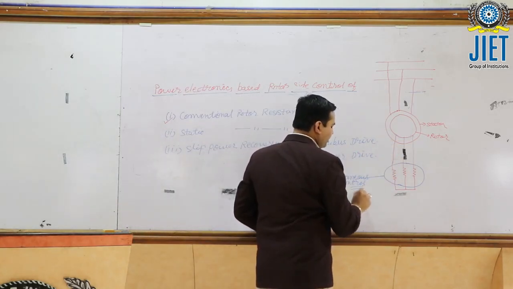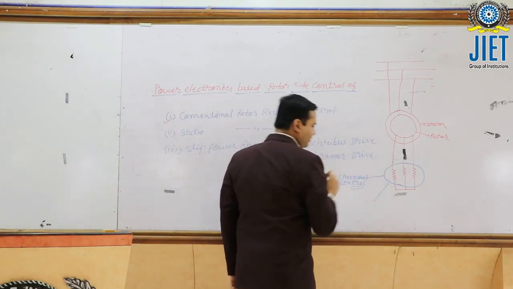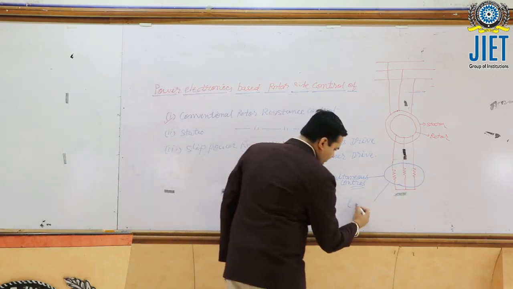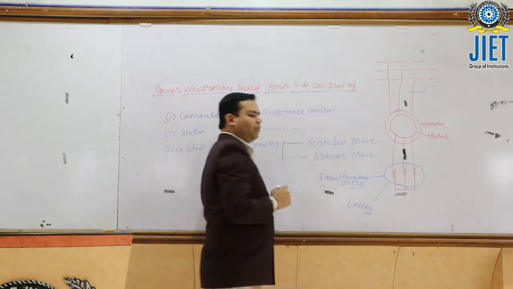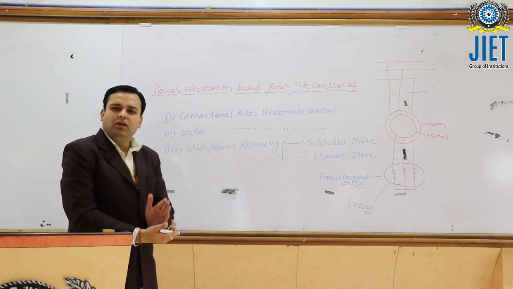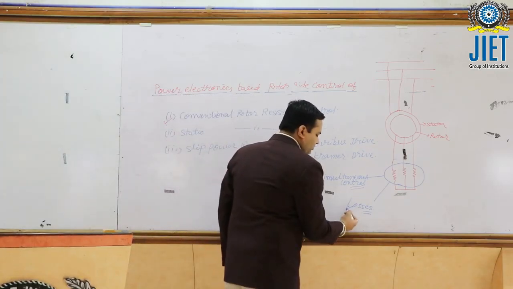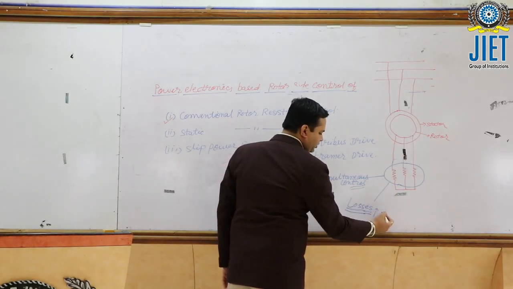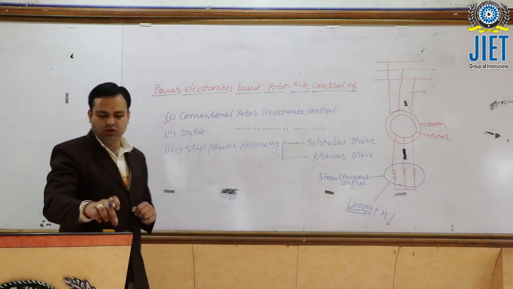And the second difficulty is the losses. The speed is controlled by connecting the external resistance in the circuit, and that is the reason some kind of losses are there. As the losses are more, the efficiency will be down. This is the limitation number 2.